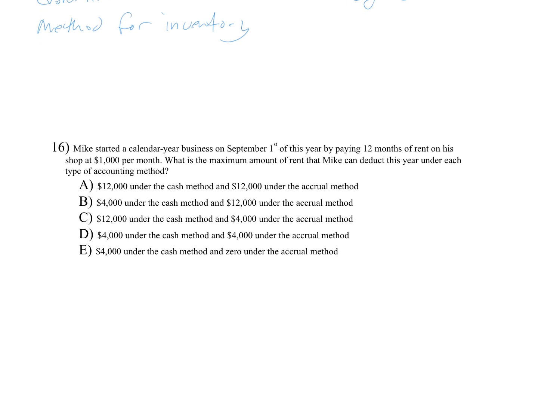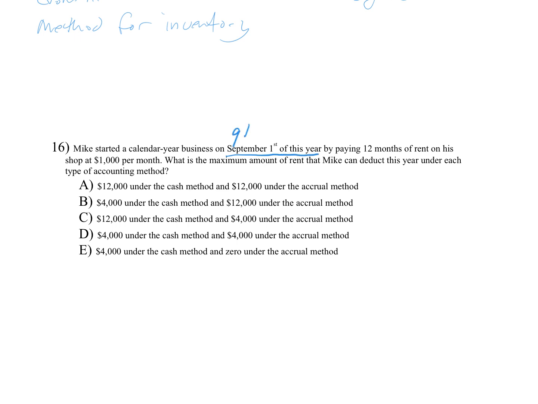All right, so now we have Mike. Mike started a calendar year business on September 1st of this year by paying 12 months of rent for his shop at $1,000 a month. What is the maximum amount of rent that Mike can deduct this year under each of the accounting methods? Okay, so let's check it out. So he started his business on September 1st of this year.